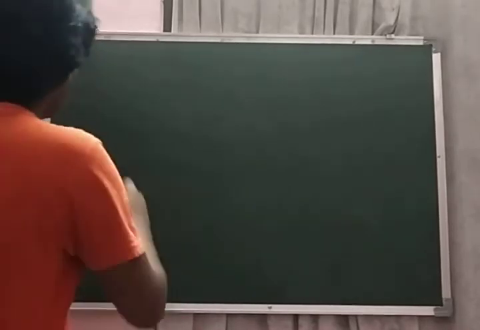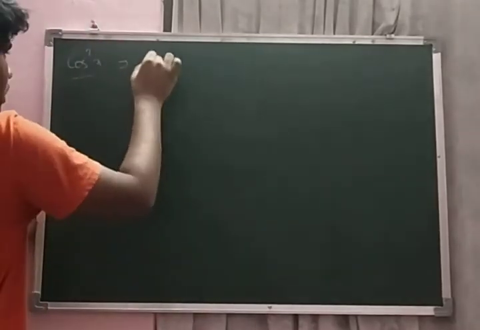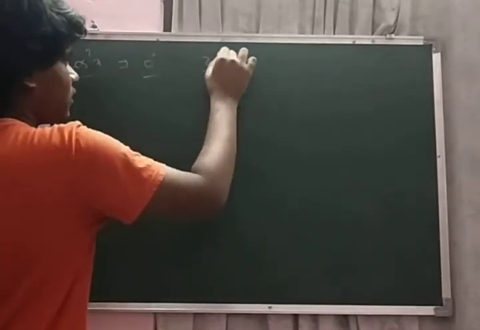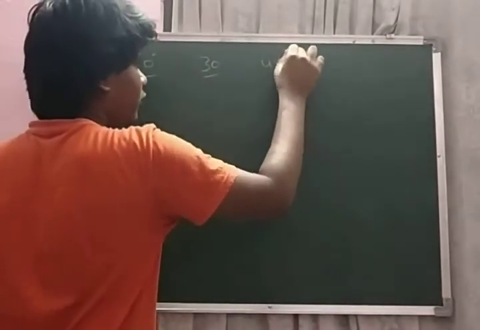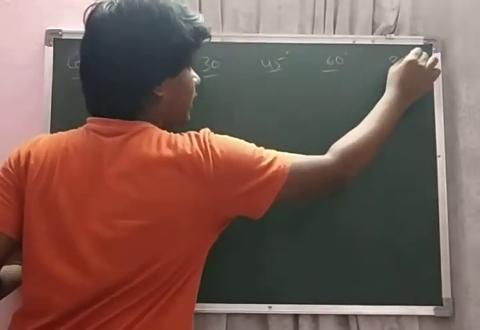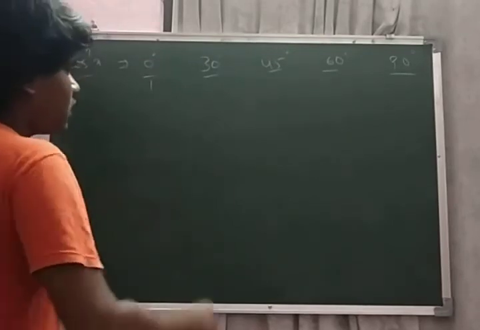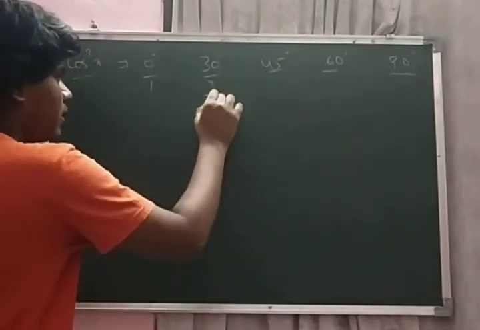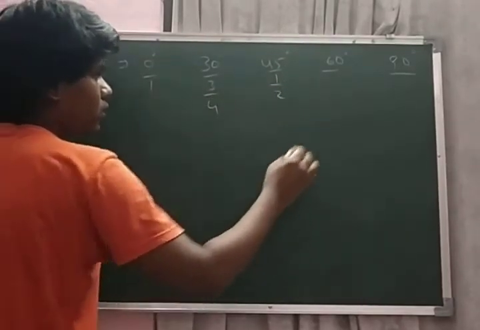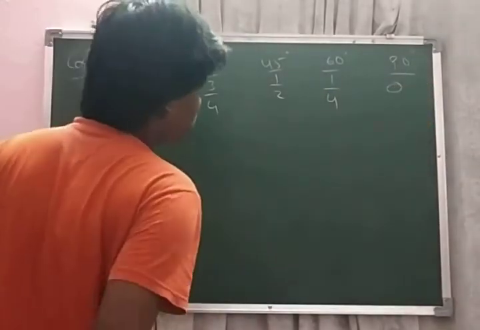So now for cos square x: 0 degrees, 30, 45, 60 and finally 90. So here it is 1. Cos 30 is root 3 by 2 and cos square 30 is 3 by 4, then 1 by 2, 1 by 4 and 0.